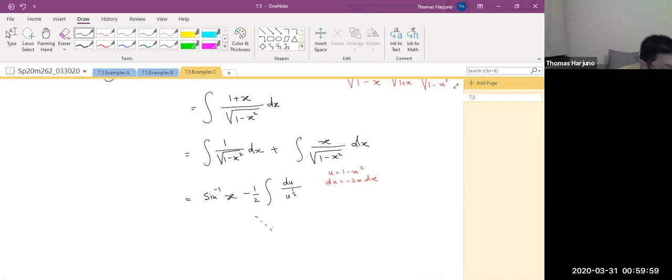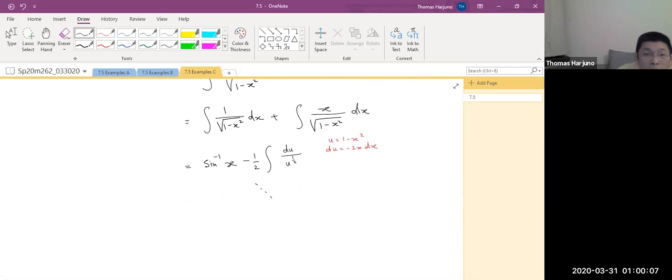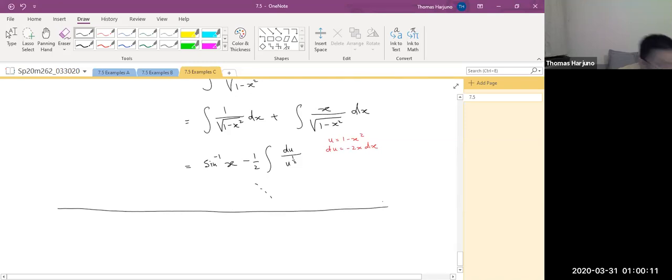Okay, any else? Let's take a look at number 42. Integral of tangent inverse of x over x squared dx.